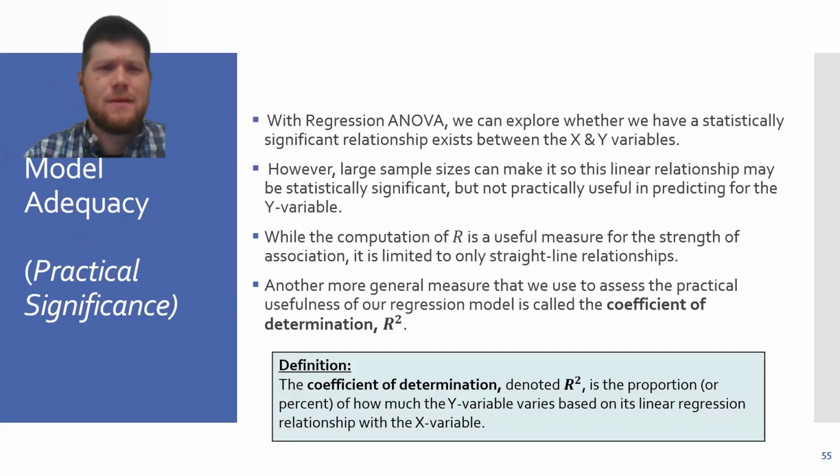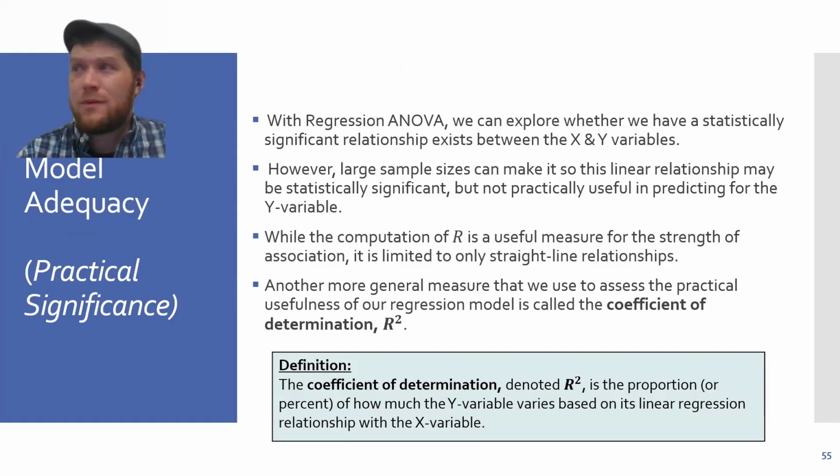We're also now going to talk about something called model adequacy, which leads into practical significance. With regression ANOVA, we can explore whether we have a statistically significant relationship between the x and y variables. But the really big problem is that a large sample size can make it so that even if the linear relationship is kind of trash, it can still be found statistically significant.